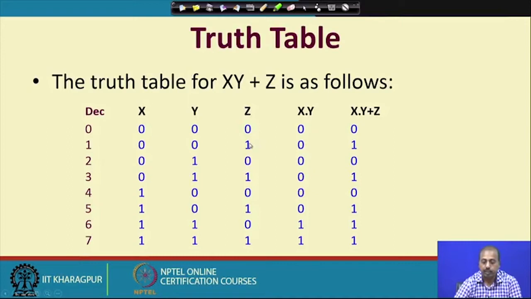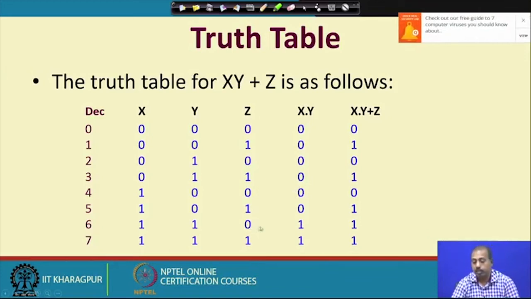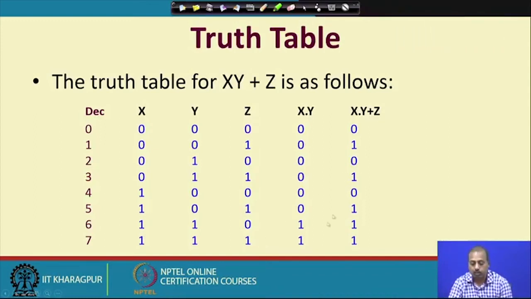So, here z is 1, so this is also 1. At this point x y is 1, but z is 0, but we have x y plus z equal to 1. Similarly, here both x y and z are 1, so we have x y plus z equal to 1.